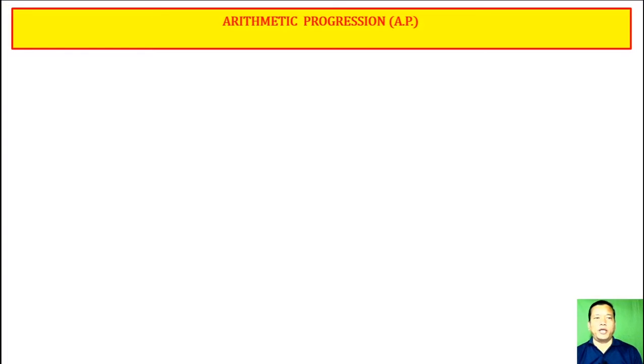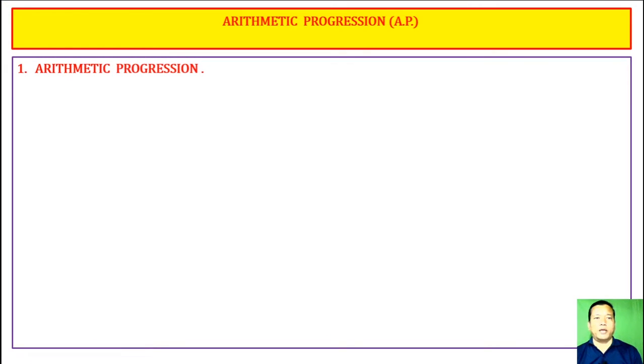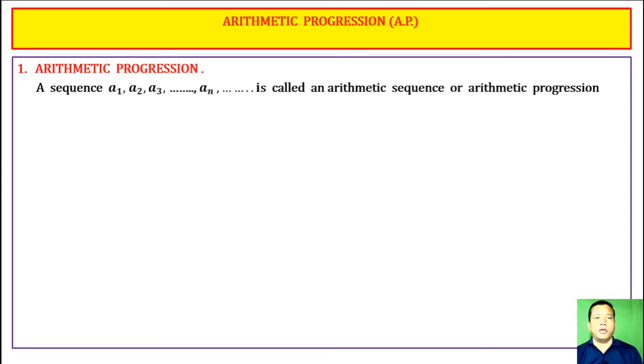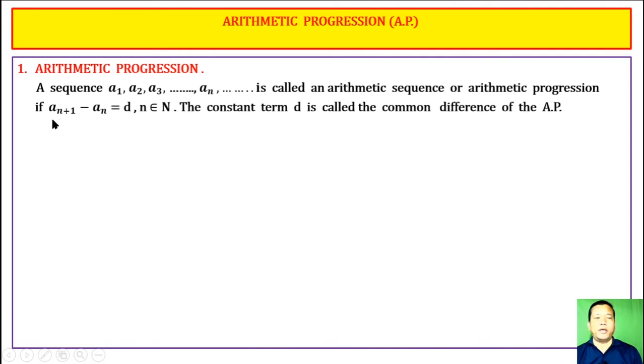Arithmetic Progression, AP. 1. Arithmetic Progression. A sequence a1, a2, a3, ..., an, ... is called an arithmetic sequence or arithmetic progression if a(n+1) minus a(n) equals d, where d is a constant and n belongs to N. The constant term d is called the common difference of the AP.